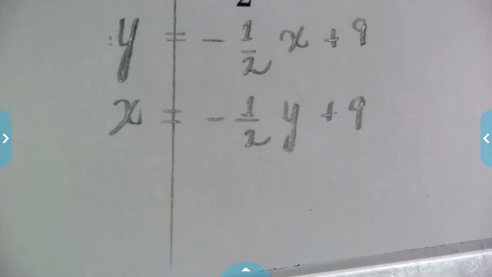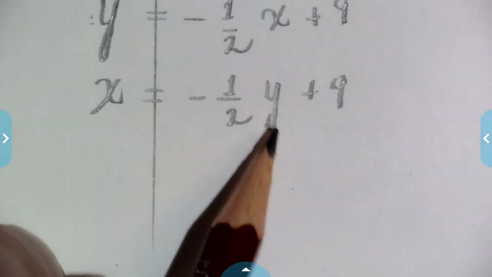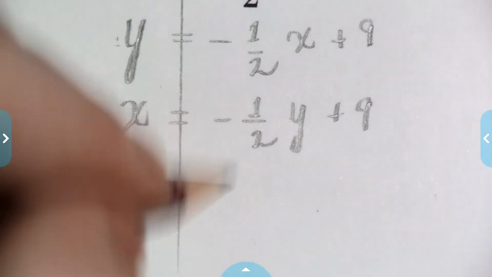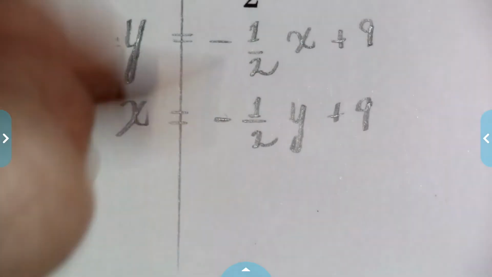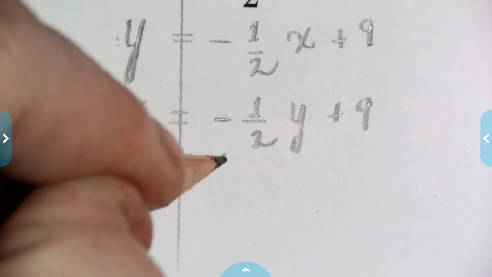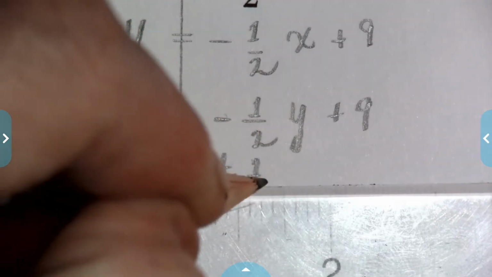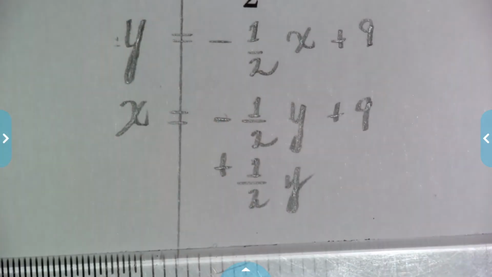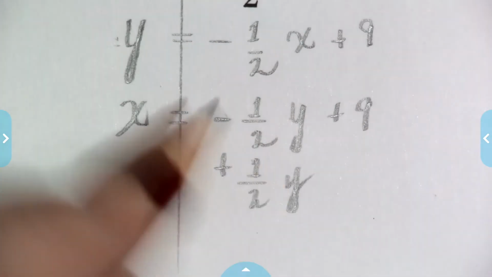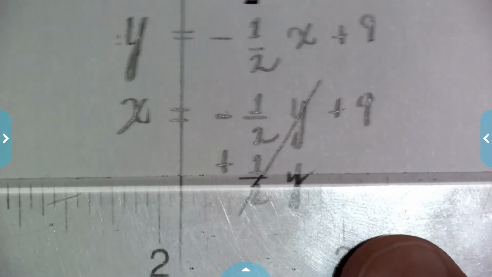All right, you're almost home. So now the goal is to get y by itself, preferably on the left side. I have a minus sign here, so I can do the inverse operation of subtraction by adding 1/2 y to both sides. When I add it to the right side, the negative and the positive cancel out, so that just goes away, and I've essentially moved it over to the left side.